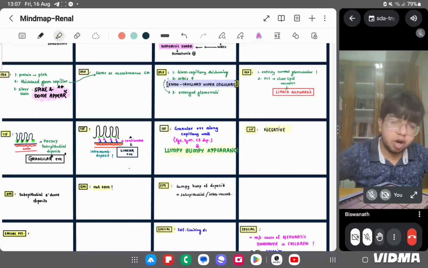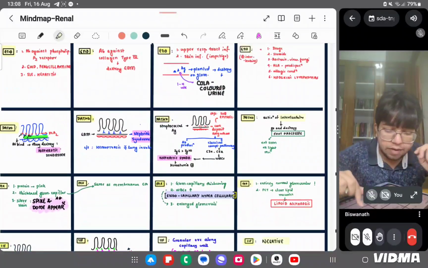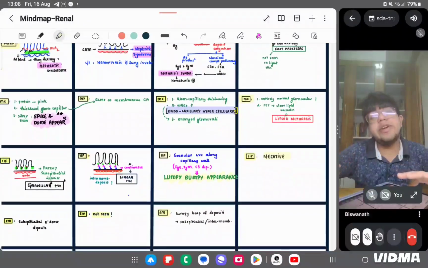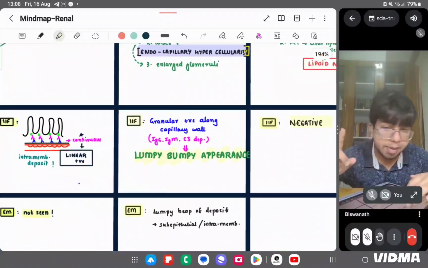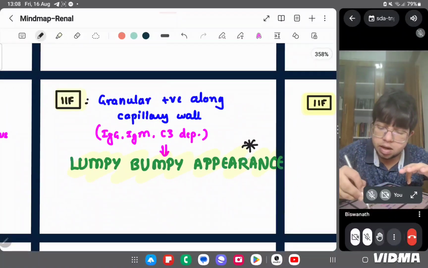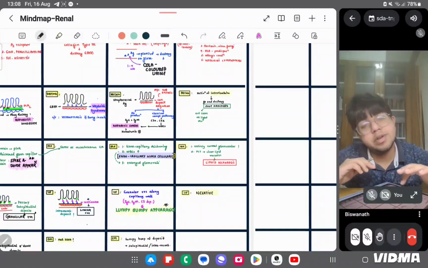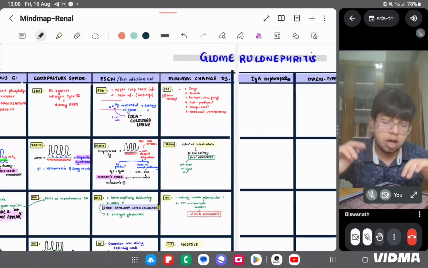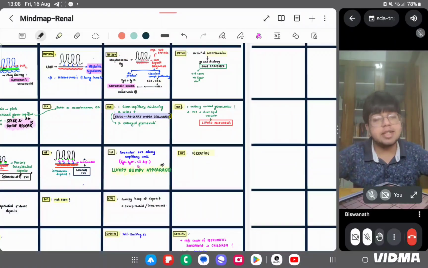In Goodpasture syndrome, it was linear positivity. In post-streptococcal glomerulonephritis, it is again granular positivity, but with a lumpy bumpy appearance. Lumpy bumpy appearance is important, don't forget, just put stars here. And in minimal change disease, immunofluorescence is straight negative.